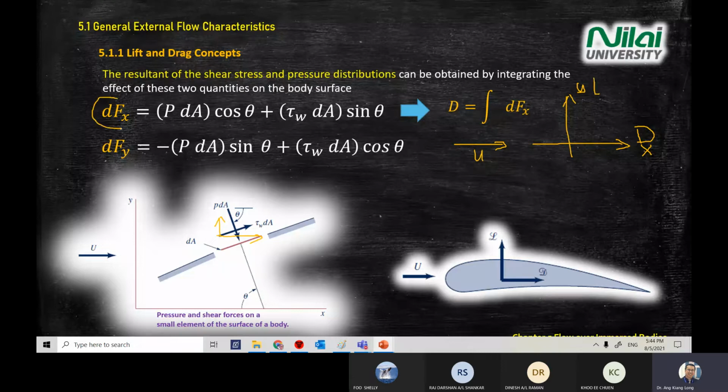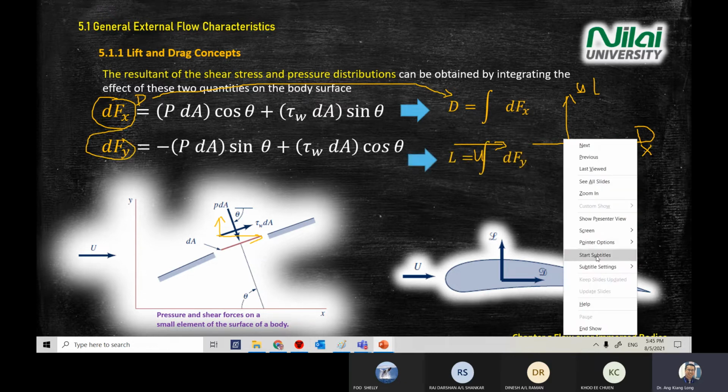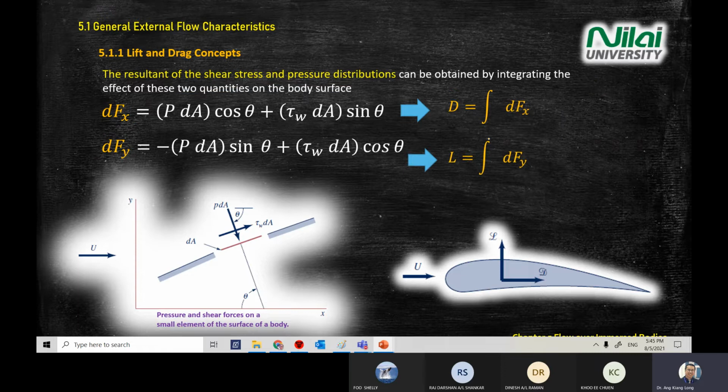So dF will become drag. dF is the small change in X. When you want to find the total drag, what you do? You integrate dF. Same you do for the Y. You integrate the F component, you'll get lift.